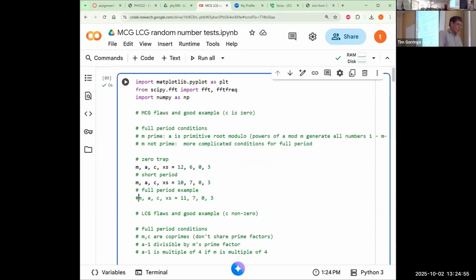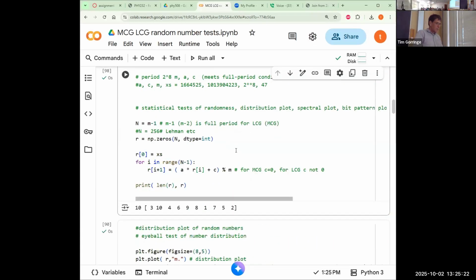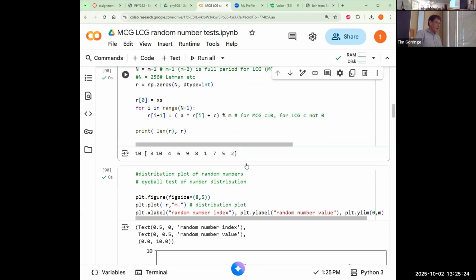But the last one here has modulo 11. So now this is a prime. It has a multiplier, which is 7. If that's a primitive root, it will give us the full spectrum of numbers. And again, it's an MCG. So here's our set of numbers that we generated.